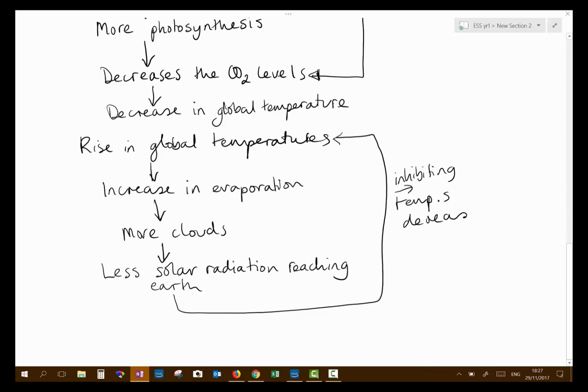Okay, so that's another example, and I want to use that one because we've got this example involving evaporation.